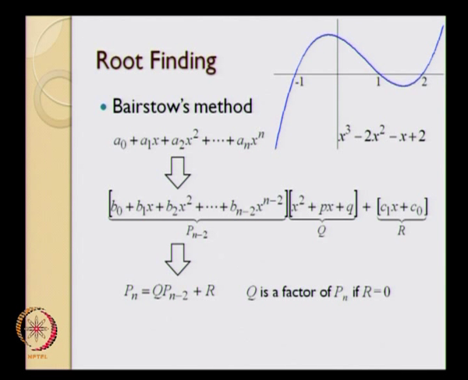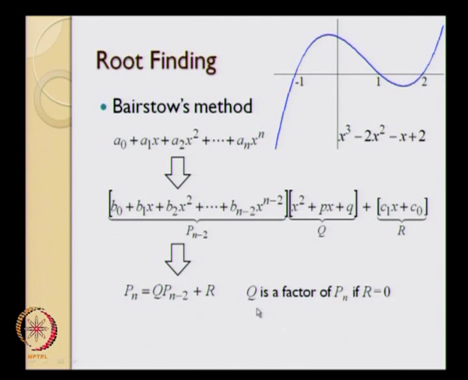So for the lack of time we didn't go into that, but the idea is that any nth order polynomial can be written as a product of an n minus 2 order polynomial and a quadratic polynomial plus a remainder r. When the remainder r equals 0, at that time q is a factor of p.